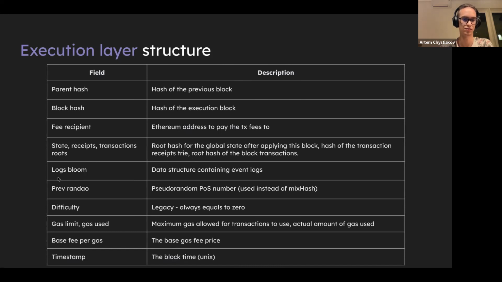Then there is a logs bloom, which is basically a special data structure that contains event logs for quick access.